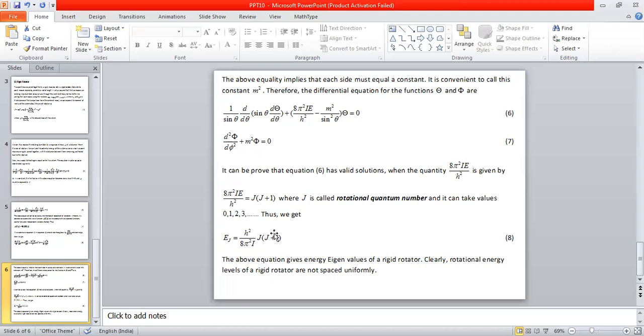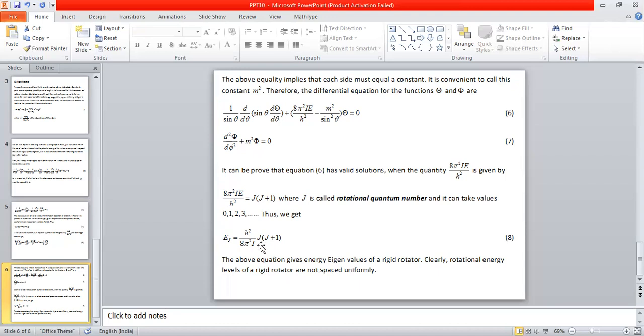And clearly, by looking at this form J into J plus 1, we can conclude, although not written specifically, that the rotational energy levels of a rigid rotator are not equally spaced. Again, this is unlike the linear harmonic oscillator, where the vibrational energy levels are equally spaced, whereas for a rigid rotator the rotational energy levels are spaced unequally.